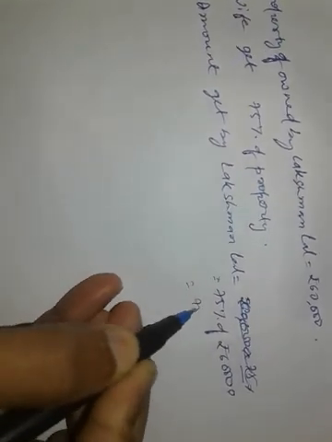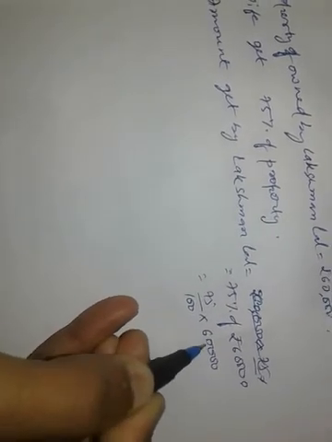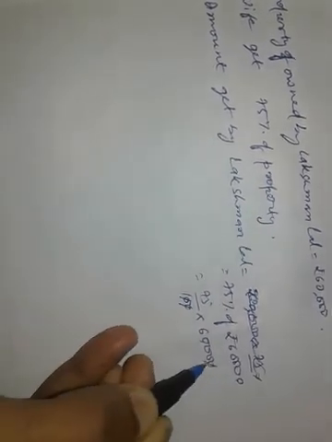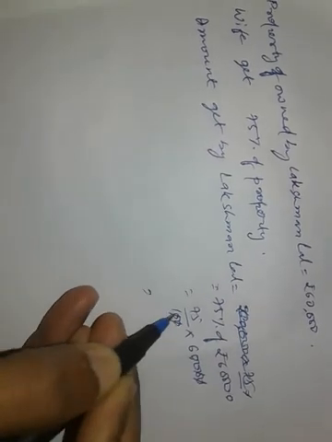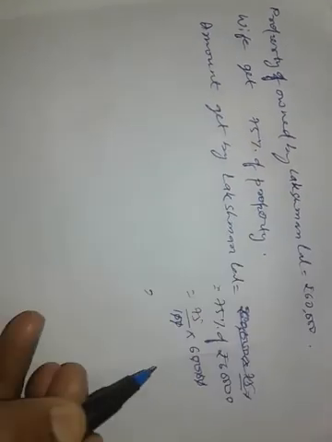So here we go, 75 by 100 into 60,000. Now we cut first of all 0 and 0. So we are left with 1, and there is nothing more to cut down.